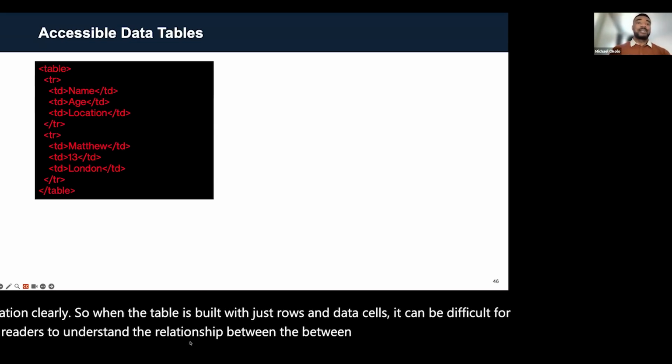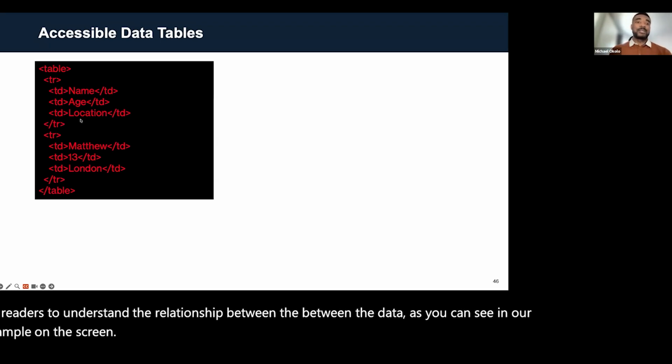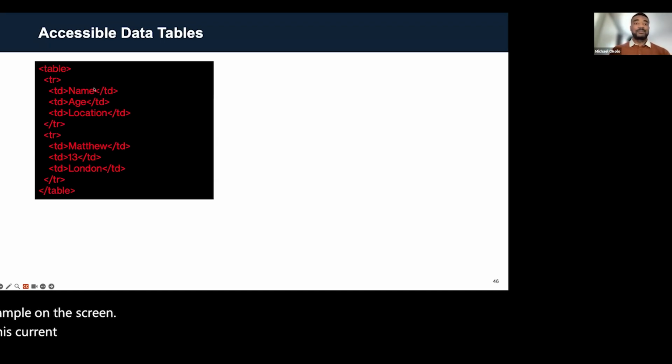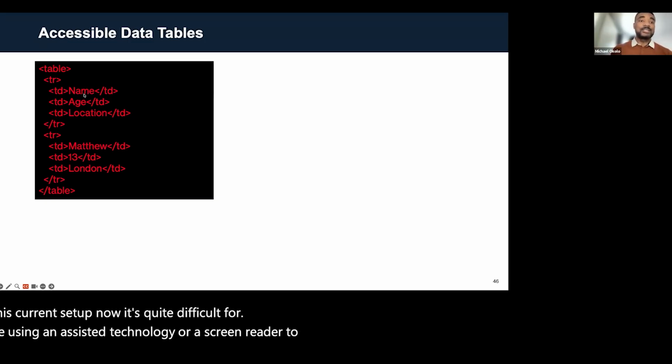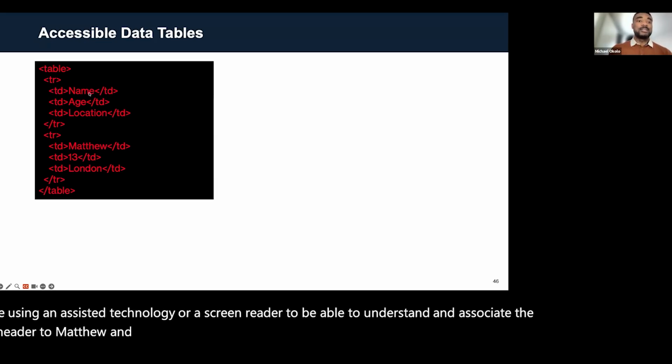As you can see in our example on the screen, with this current setup it could be quite difficult for anyone using an assistive technology or a screen reader to understand and associate the name header to Matthew, the age to 13, and the location to London.